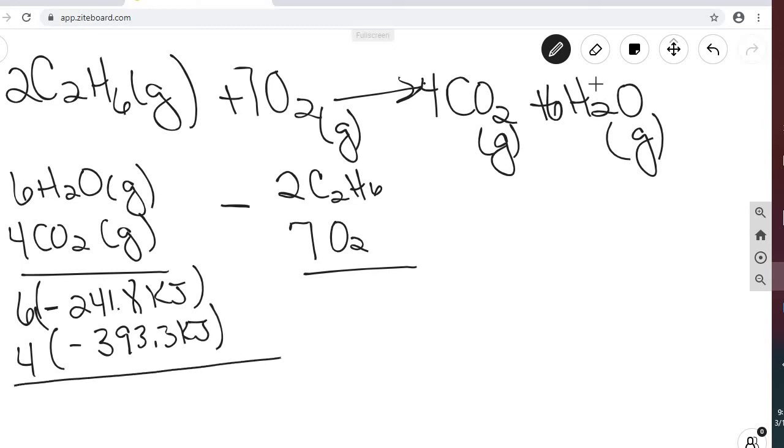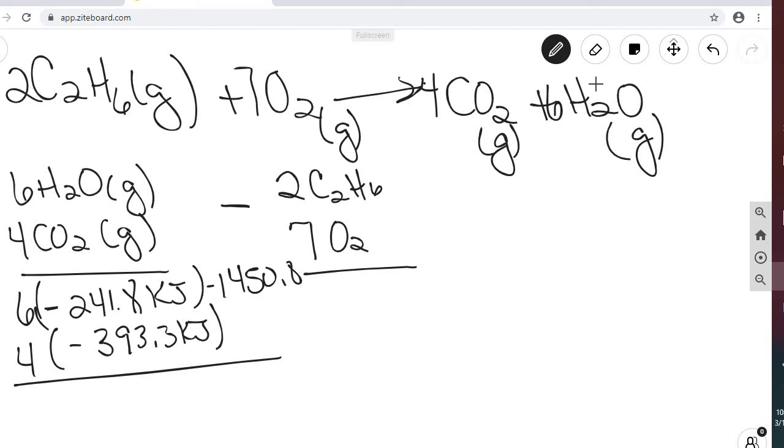Okay, so on this side, these total up to be negative 1,450.8, and then 4 times 393.5.